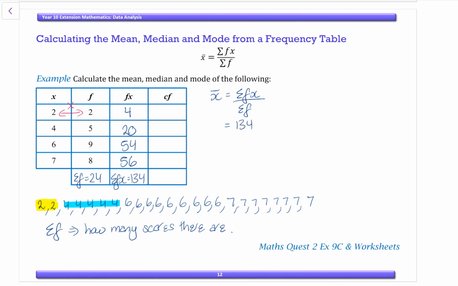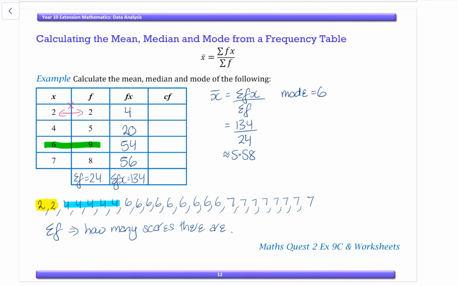So 134 divided by 24, which is approximately 5.58. Now to find our mode, we'll do mode next because that's quite straightforward. Which score occurs the most? That would be 6. It has the highest frequency.